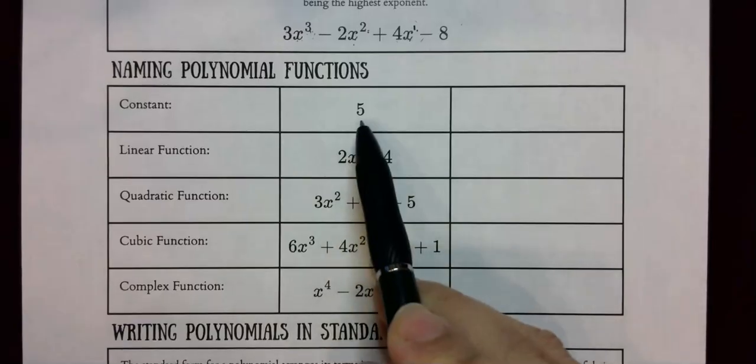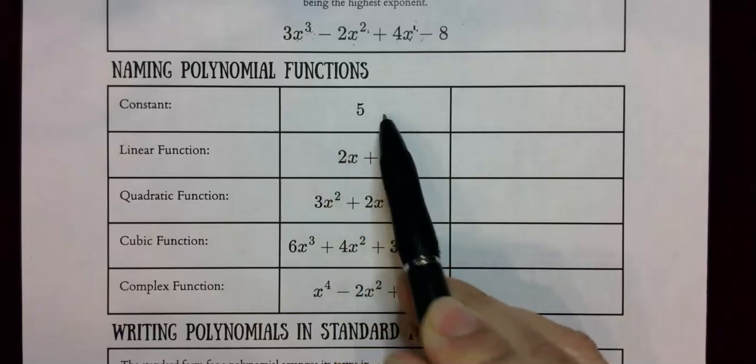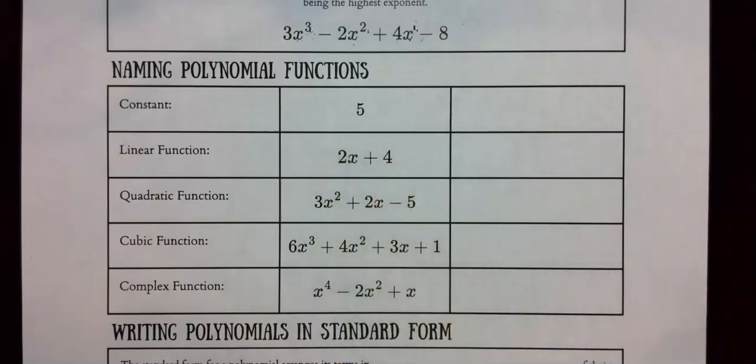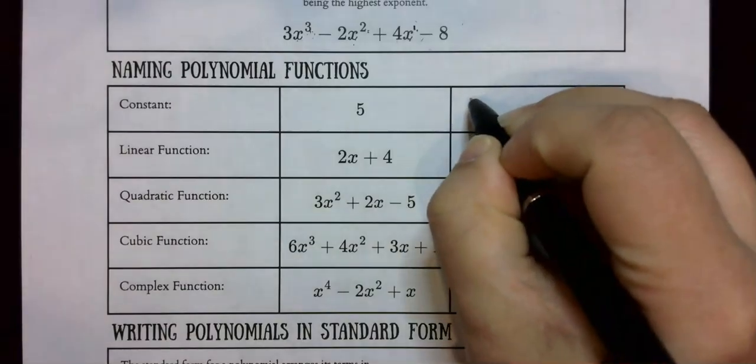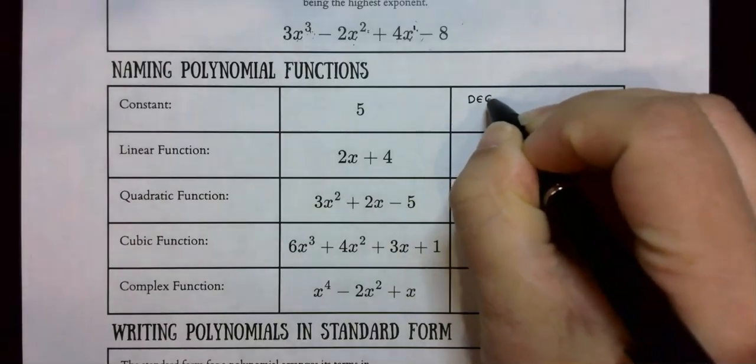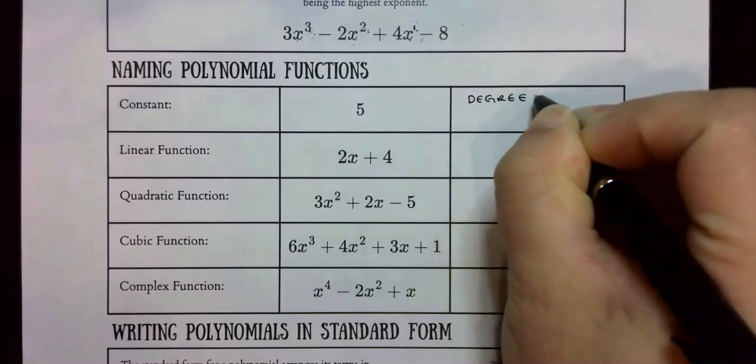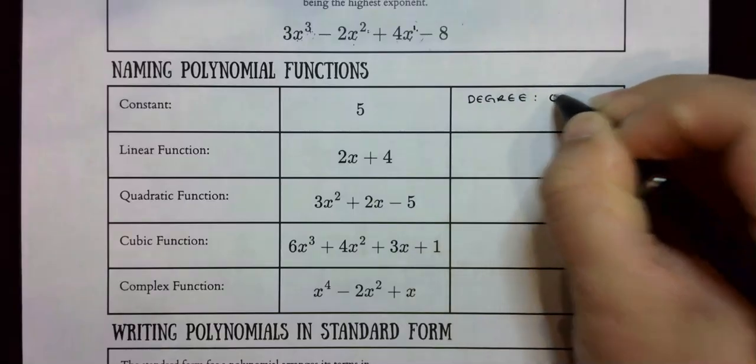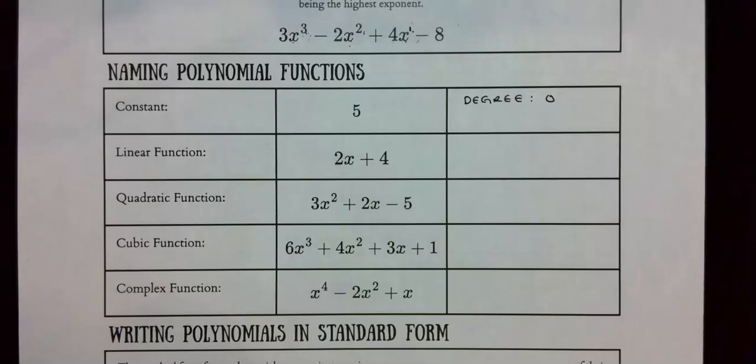The first thing we're going to point out is this isn't really a polynomial, it's just a constant. But if they were to ask you the degree of a constant, we can say that the degree, because this represents the highest exponent, is 0. We usually don't write a variable with an exponent to the 0 power.